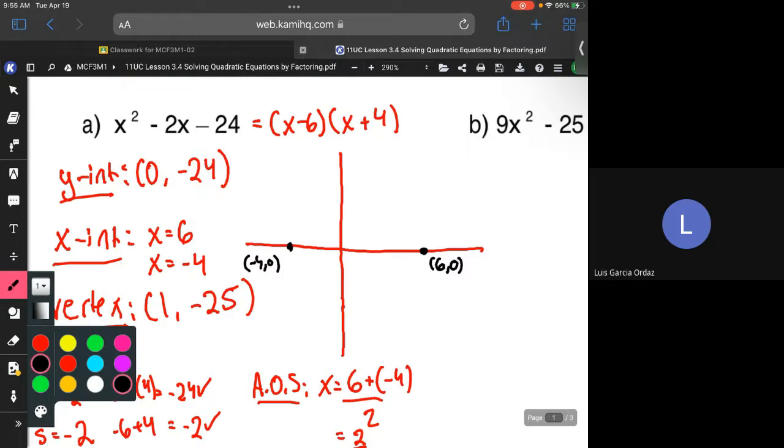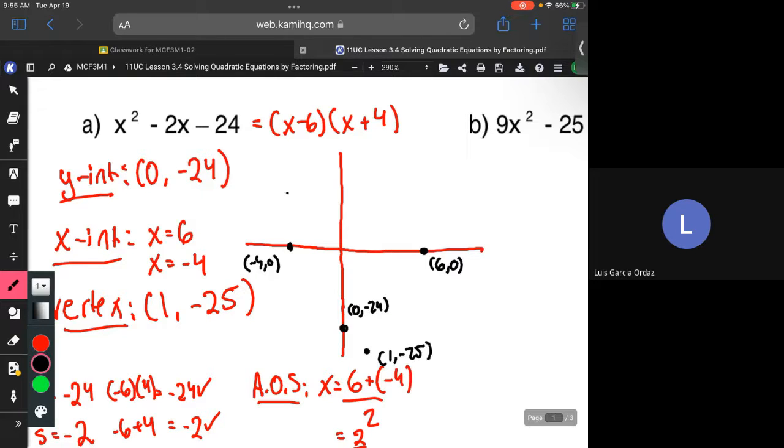So this would be my y-intercept over here, which is 0 and negative 24. And then 1 and negative 25 would be down here. So this is what my graph would look like. That's it. Just connect the dots.